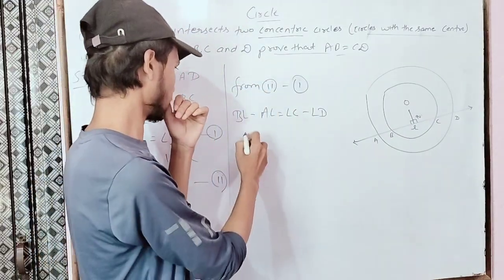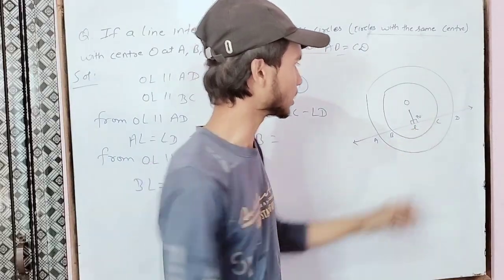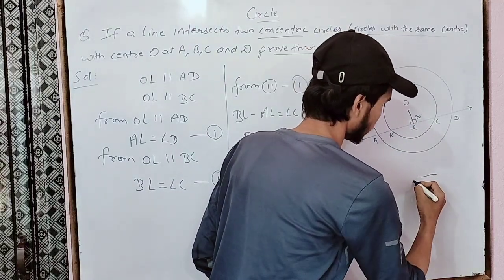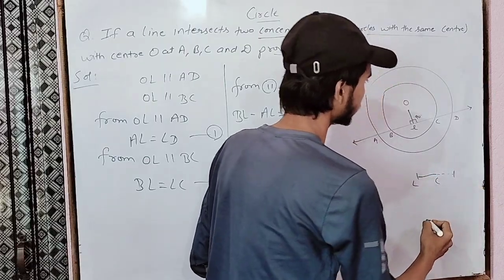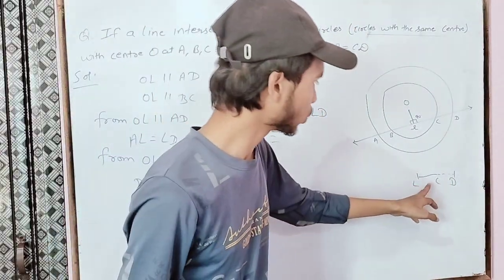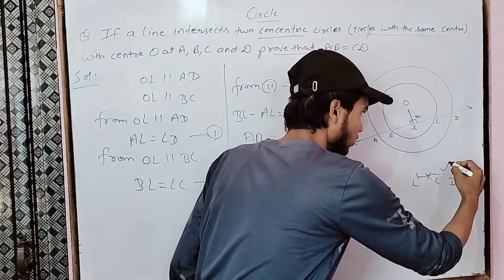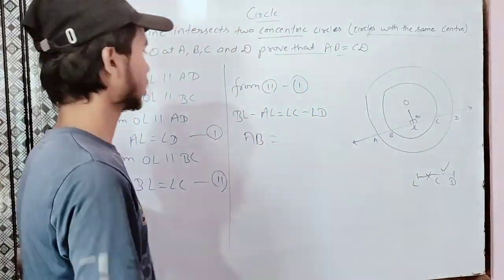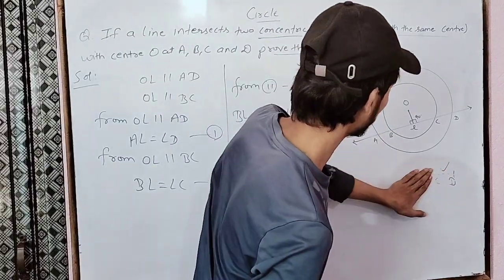AB. Here this part is LC, and from here till here is LD. So this part will go on, then this part will be left. So CD is left. Clear?